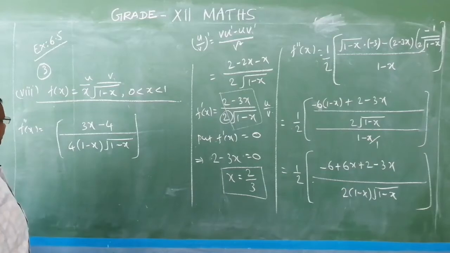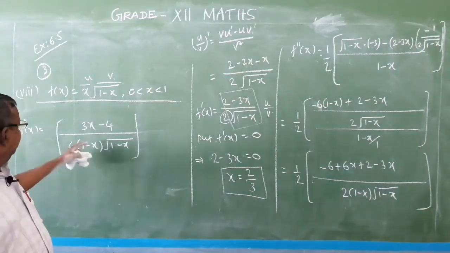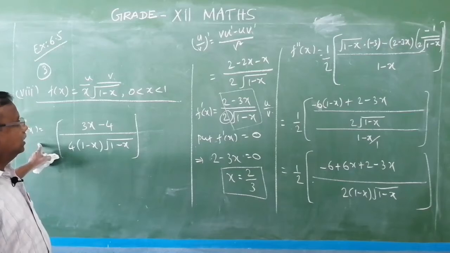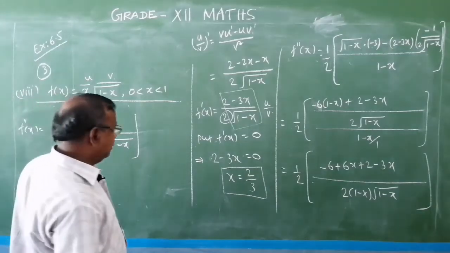So, now we need to find what the nature of f double dash of x is, whether positive or negative, for the value x equal to 2 by 3.